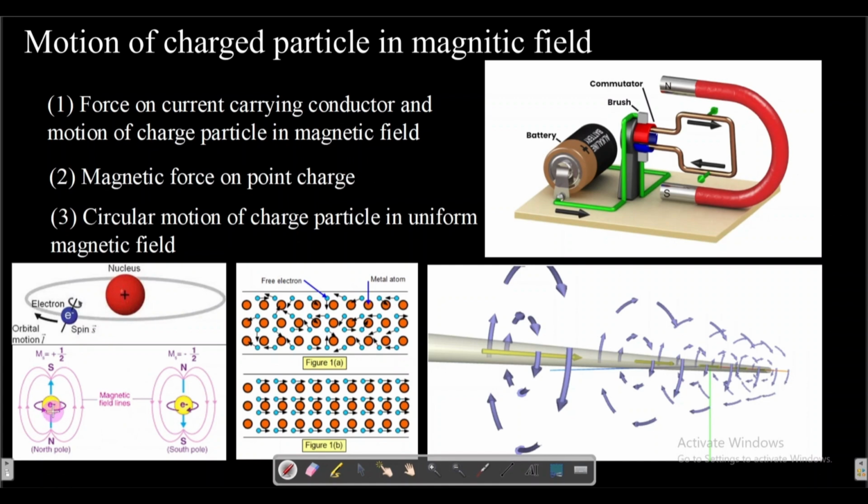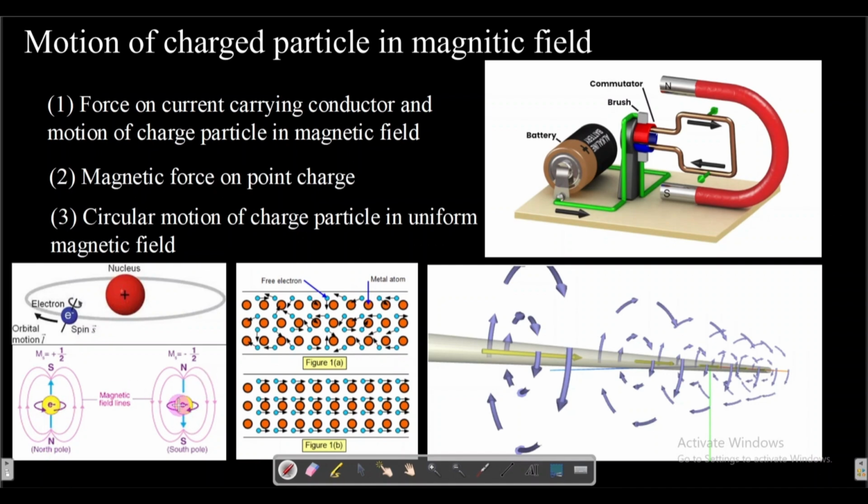Let's say this one is moving in the anti-clockwise direction. The other one will be moving in the clockwise direction, and due to its motion, due to its spinning, it will produce a magnetic field. Here it is moving in the anti-clockwise direction, so the upper side of this electron will be the south, and the lower side will be the north.